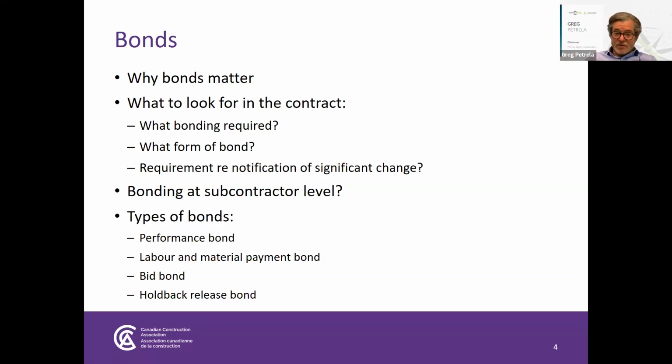But there are certain owners in the GTA, for instance, that have a 100% bond spec, and certain projects that are considered trickier or riskier might have a 100% bond spec.